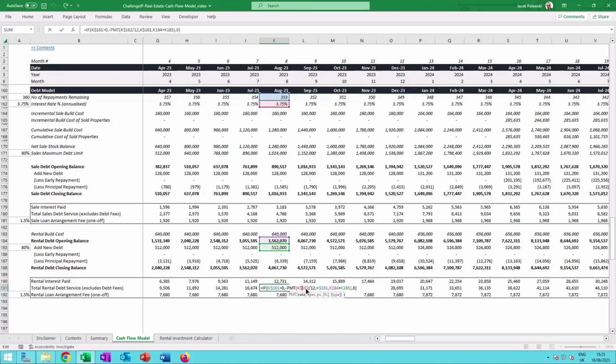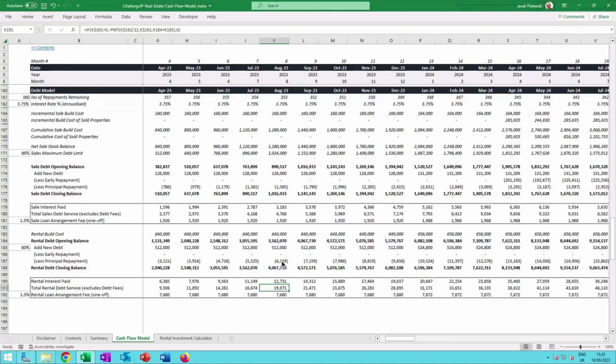So the PMT formula takes the rate, the interest rate divided by 12. Then the NPER figure is the number of payments that we have to make. So that's 353. And then the PV value, which is here, is simply the amount of debt that we want to repay, which in our case would be any opening balance plus the new debt. So that PMT figure gives me my total payment that I have to make.